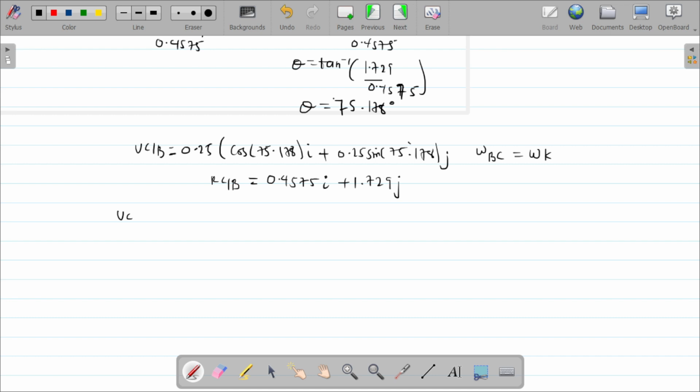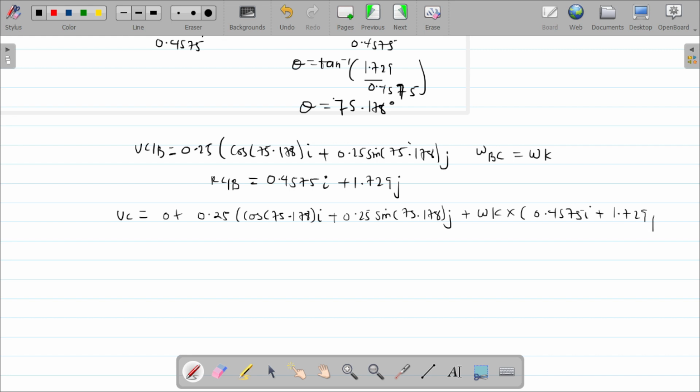So vc will be equal to 0 plus 0.25 cos 75.178 i plus 0.25 sin 75.178 j plus omega k cross 0.4575 i plus 1.729 j.